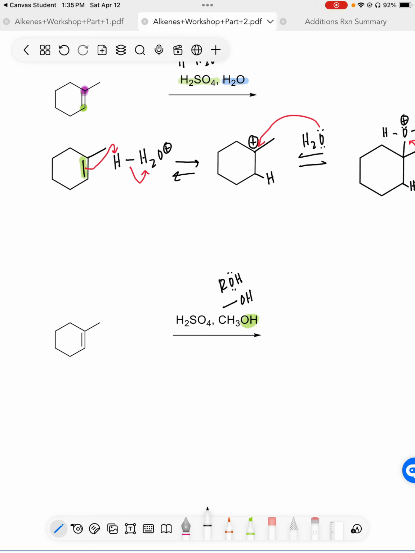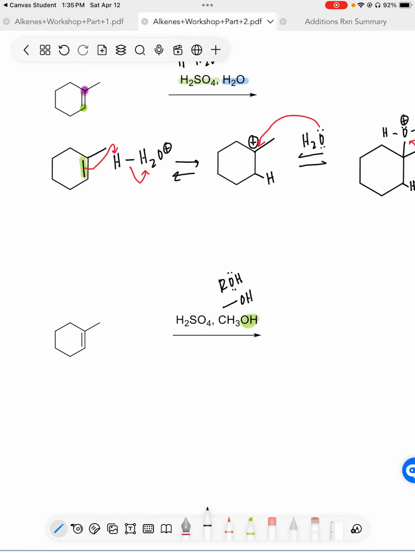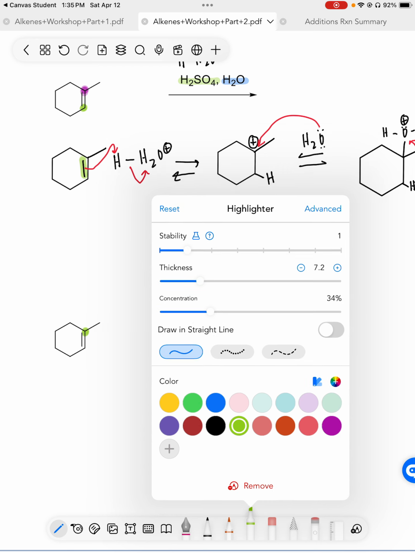So it's going to behave similar to how the water behaved, and it's also going to allow us to add on a methyl group and create an ester with our reaction. So this is, again, going to be a Markovnikov reaction. So we are adding a group to our more substituted alkene carbon, and we're adding a hydrogen to our less substituted alkene carbon.